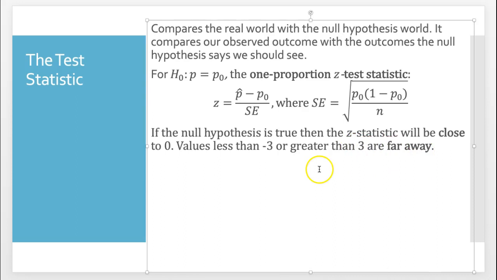Remember, this is like a standard normal. So what am I doing here? I'm just using that 68, 95, 99 rule to justify what is far away. Make sure you review that and understand it, because it'll make hypothesis testing a lot more intuitive if we can always interpret this Z-score here.